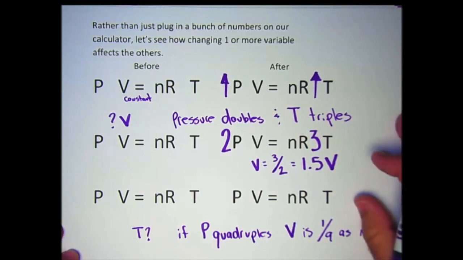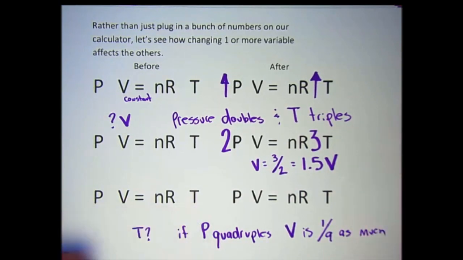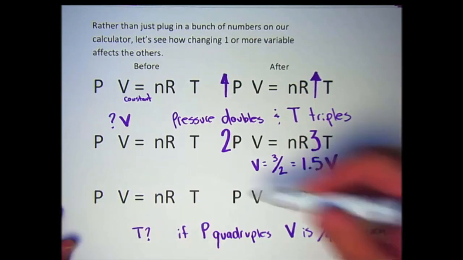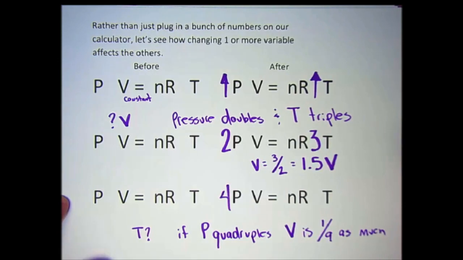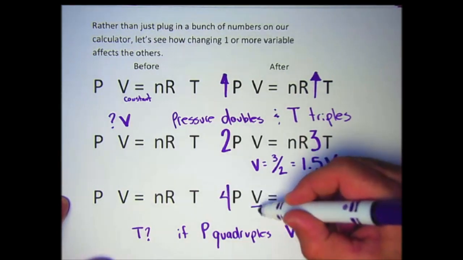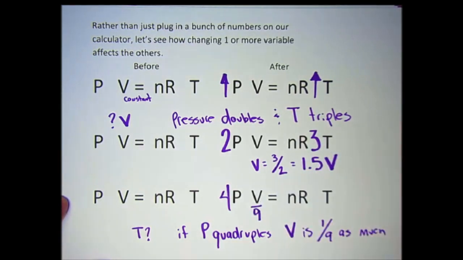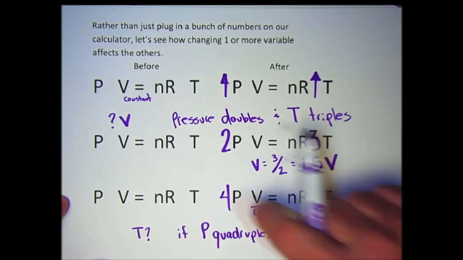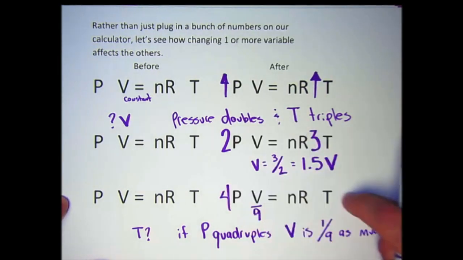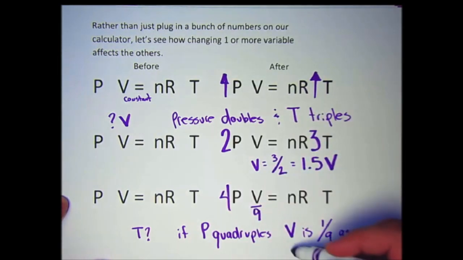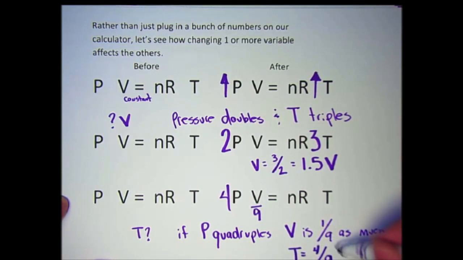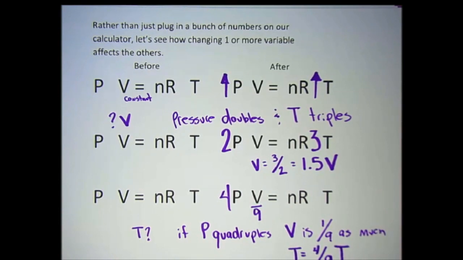Well, the first time we had our pressure, our volume, our temperature over here, and we're wondering what happens to the temperature if the pressure goes up by a factor of 4 and the volume is suddenly 1/9 as much. Whatever happens on this side of the equation has to happen on this side of the equation also. So the temperature would now be 4/9 as much as it was before. All right, there you go. That's the ideal gas law.